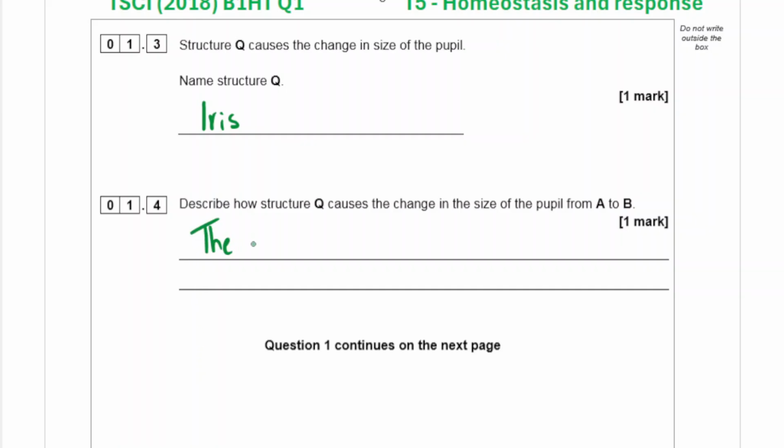The iris muscles contract, or you could say shorten. You can't say muscles relax or constrict, or you cannot say that they expand as well.